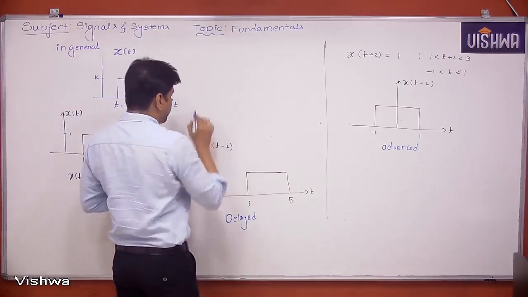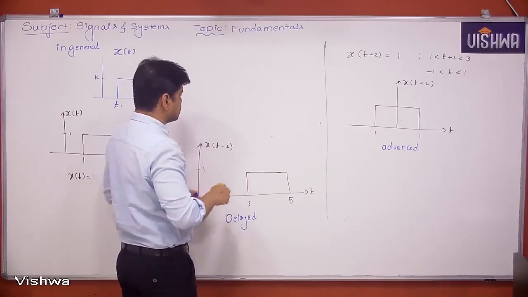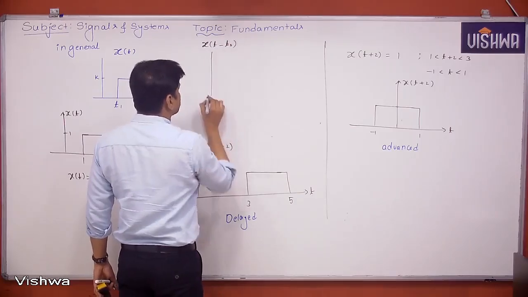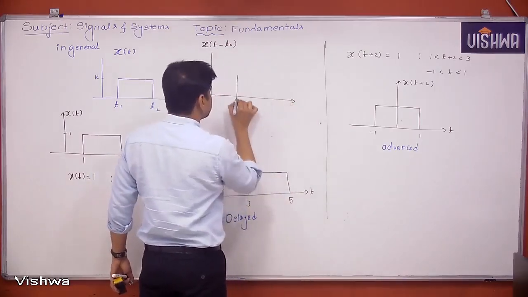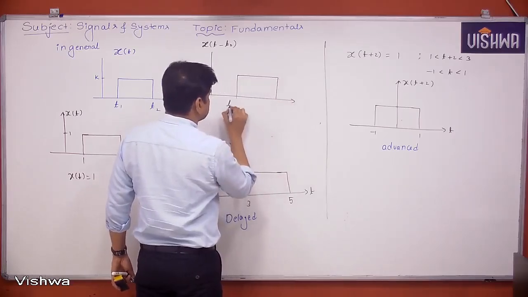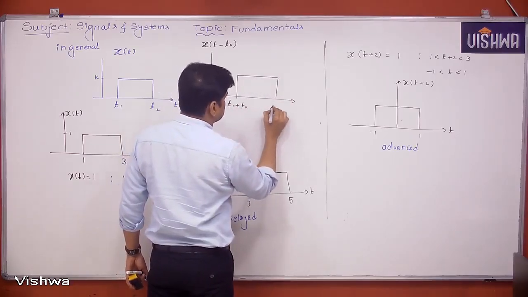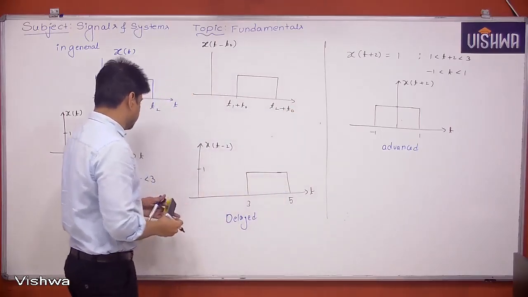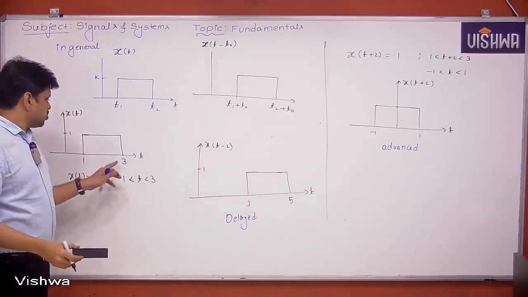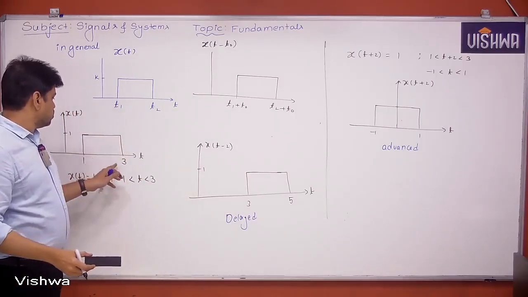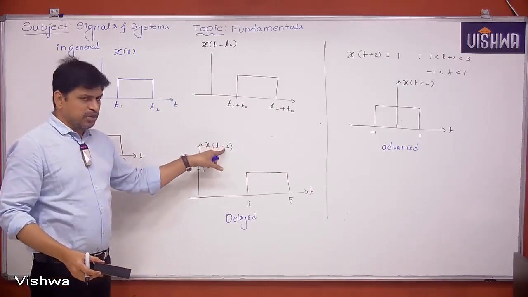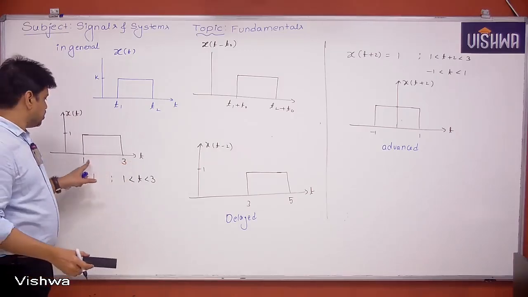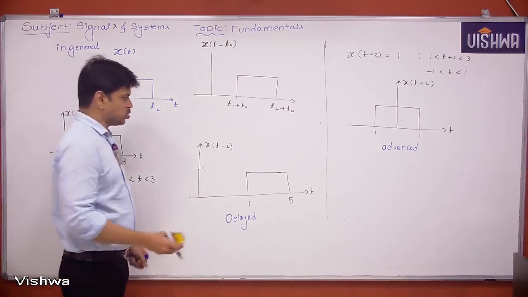Then to find x of t minus t naught, we have to add t naught to each and every instant: t1 plus t naught, t2 plus t naught. Suppose it exists between 1 and 3. To find x of t minus 2, in the graph we have to add 2 to each and every instant. Then 1 plus 2, 3 plus 2, that is 3 and 5. That's what it is going to be.